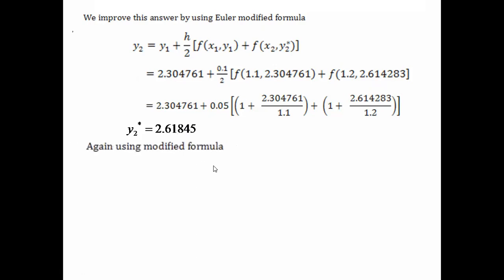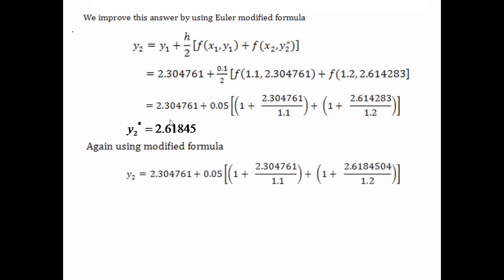If you use this modified formula once again, only this value changes, because this is f of x1 y1 and this is f of x2 y2. Only this y value changes, so this value is replaced by the new value. All other values remain the same.